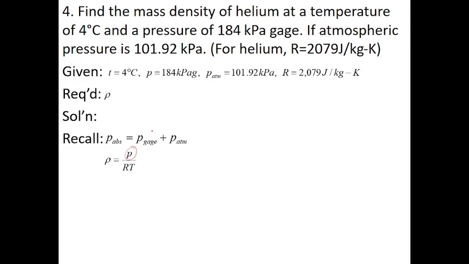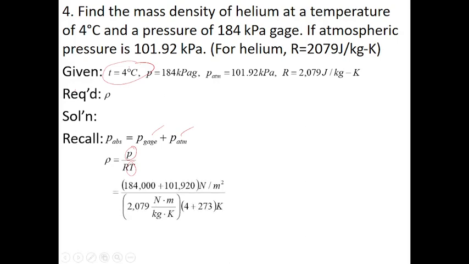So we have to add gauge and atmospheric to get the absolute pressure. And this is also absolute, the temperature, which we have to add 273 to make it Kelvin, to make it absolute temperature.